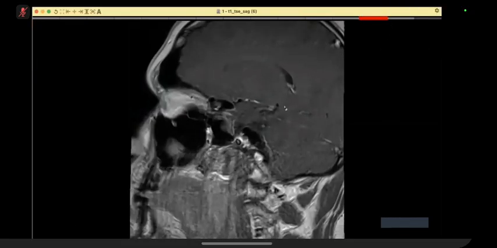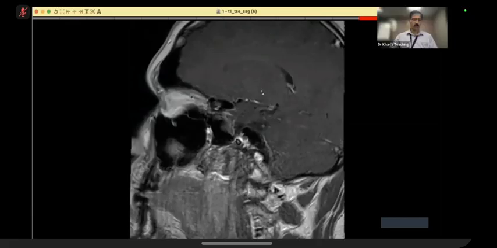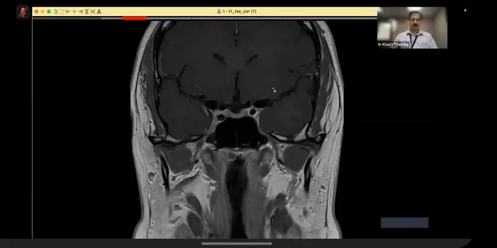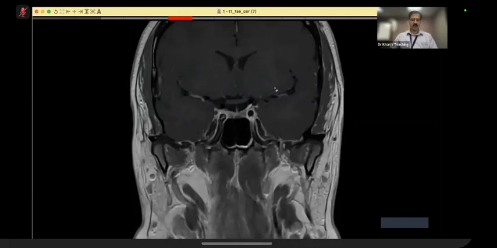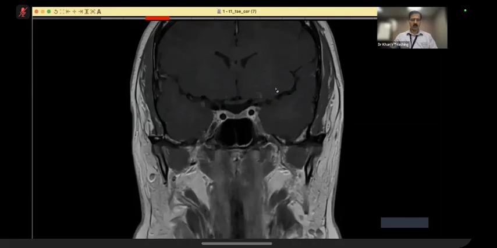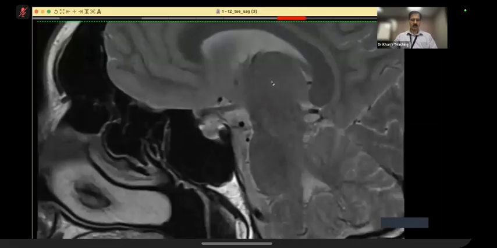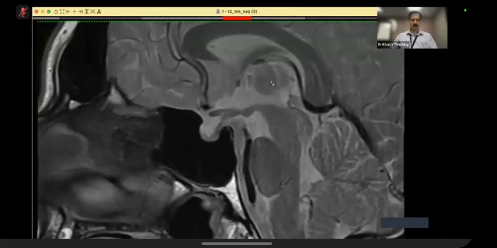Yes, I will show you. Just don't use your mouse. This is the appearance on coronal, and because of time factor, I will also show you a T2 weighted sequence. Okay.